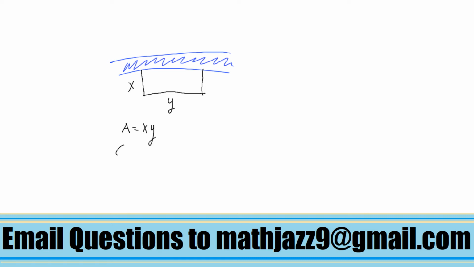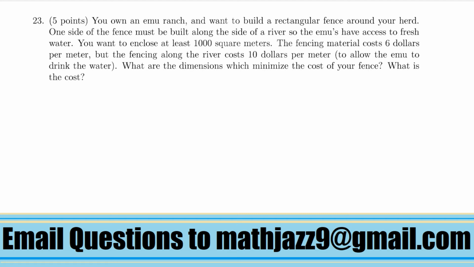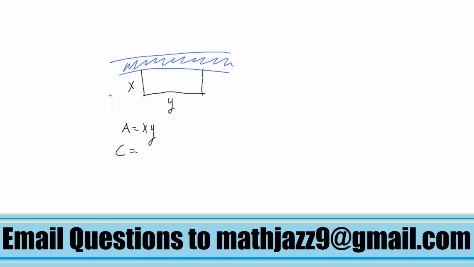We know the cost of this is equal to something that we'll need to look back at our problem to get. Notice that it says that fencing material is $6 per meter. So when we look at this, we know that this side is $6, and this side is $6.